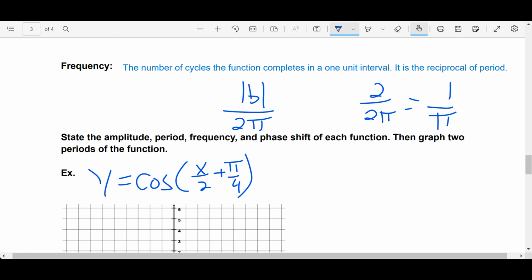If I were to go 1 unit, let's say from 0 to 1 of our graph, our lovely shape will happen 1 over pi times. So not even half of this shape is going to happen in 1 unit. It's just going to be about that much happening for our frequency.